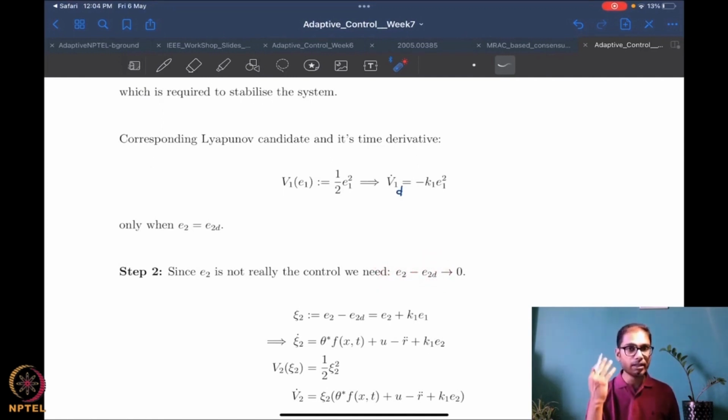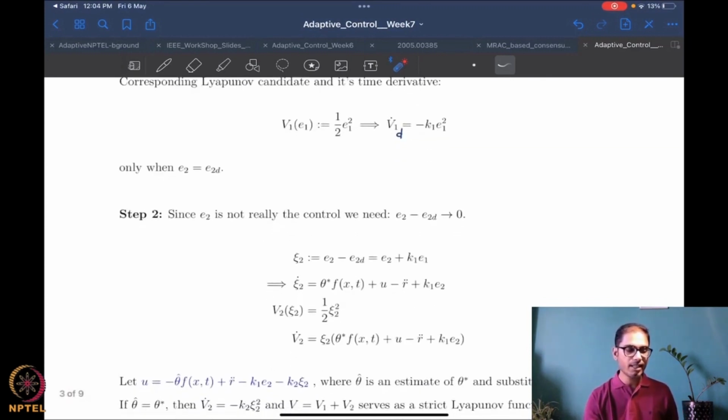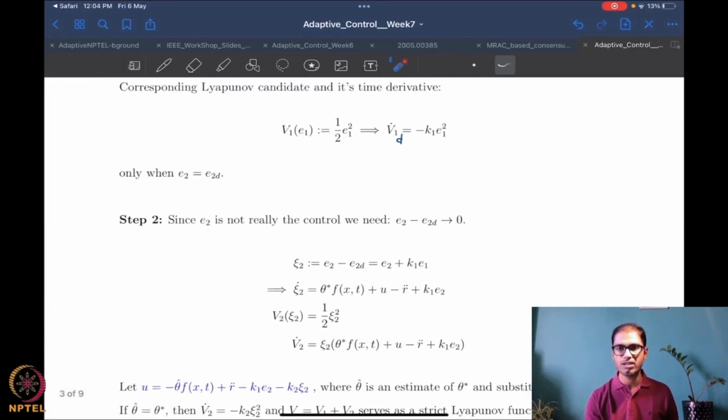Remember, my earlier objective was for e1 and e2 to go to 0. But now I'm sort of shifting the goalpost. What I'm going to say is that now I don't want e2 to go to 0 as t goes to infinity, but I actually want e2 to track e2 desired.